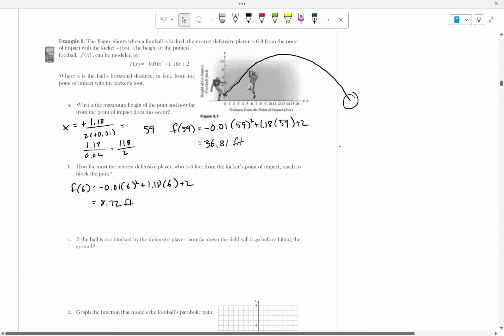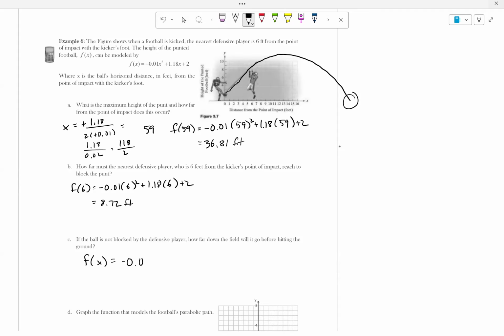Think about when it hits the ground, what is the y value? If y value is height, we are looking for a place where f of x, and we don't know what x is, is equal to 0.